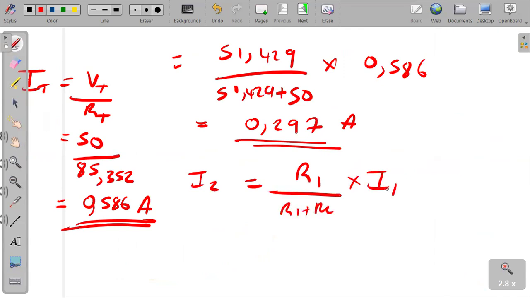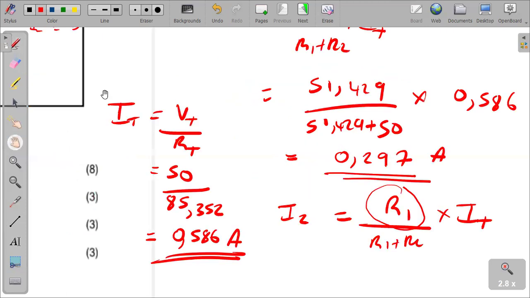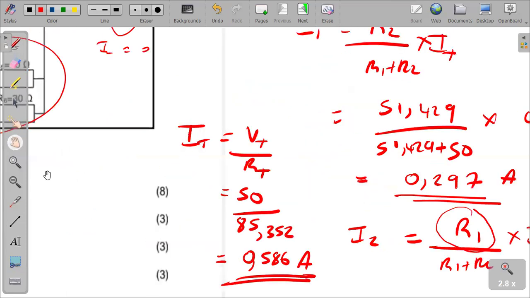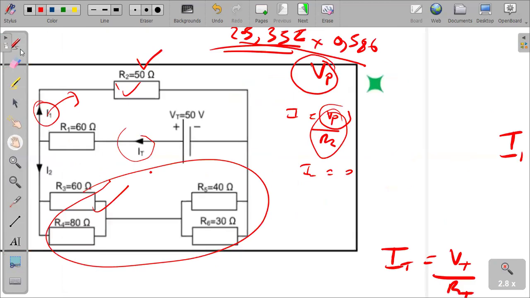I hope it's now making sense that we are taking the resistance where we don't want to calculate, which means for I2, we are taking the resistance of the other side. For I2, we will take the resistance of this other branch, which is the 50 ohm. And we say divided by 50 plus, what are we taking here? 51.429. Why 51.429? Because it is the effective resistance of this other side, right?